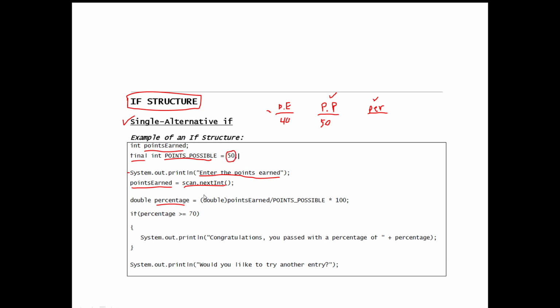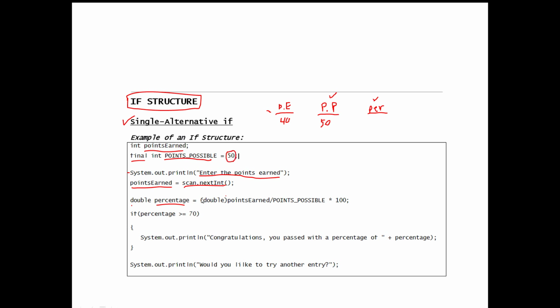Alright, then we have the variable percentage that's being declared, which I already have located up here in the memory locations, and it's a double. So we're going to evaluate what happens here. Now we're going to incorporate some things that we've covered before. We need to remind ourselves how to do these things so we can use them in our programs.